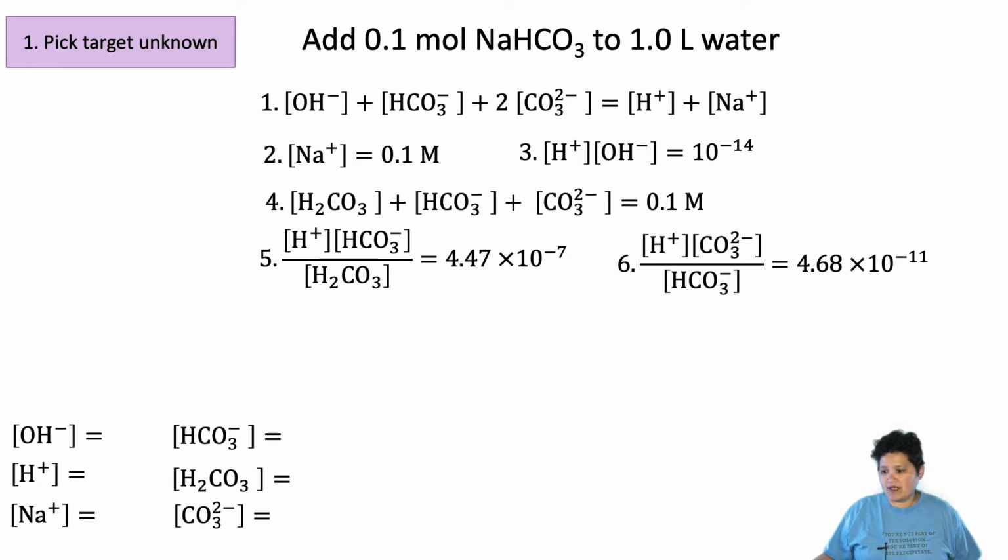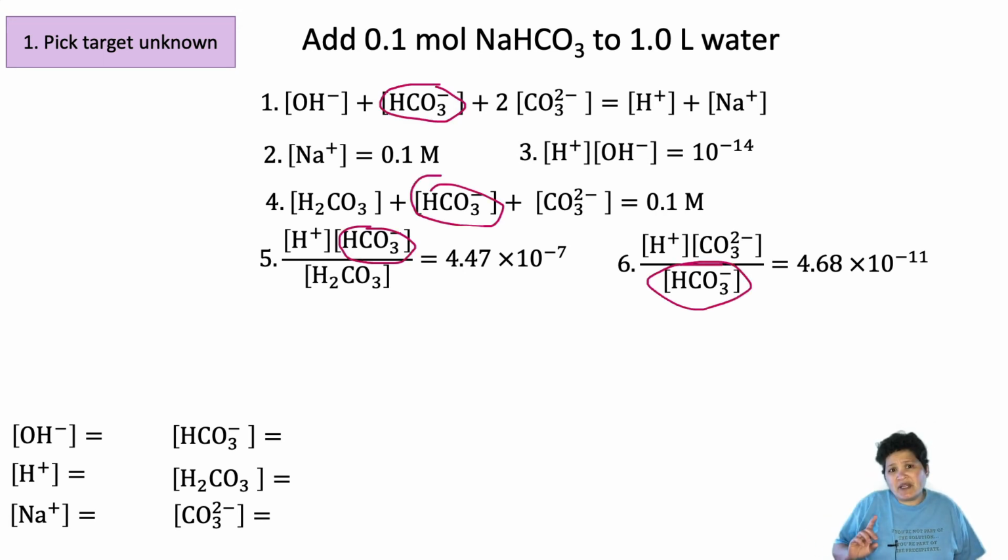Now, I say there are 6 unknowns, but there actually aren't. When we were going through and doing these, we figured out that sodium was 0.1 molar, and that is one of our equations. So we really only are solving for 5 unknowns here because we know the sodium. So for my target unknown, I'm going to pick bicarbonate.